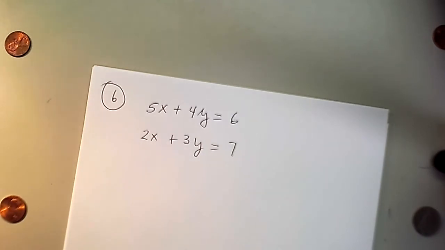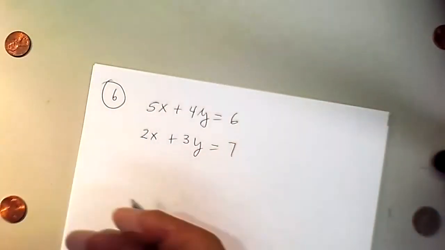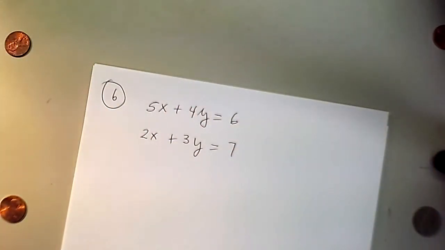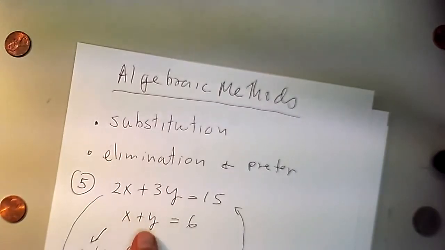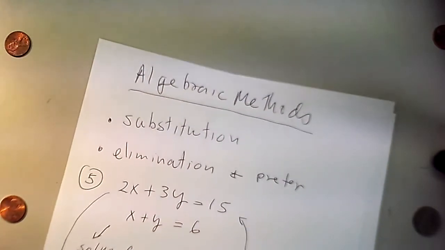Substitution. Okay, let's do the substitution. Which variable are we going to solve for? Well, there's no easy one. In the previous example, solving for x was easy because all I had to do was bring the y over.